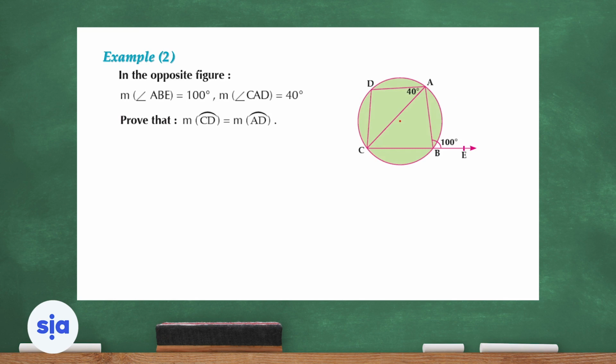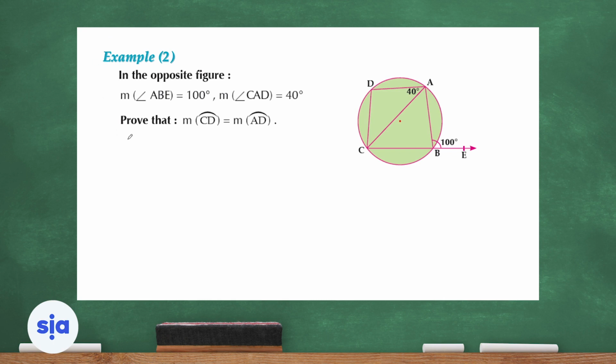Let's move on to example 2. In the opposite figure, as you can see, angle ABE is given with a measure of 100 degrees, and angle CAD is given with a measure of 40 degrees. How can we prove that the measure of arc CD is equal to the measure of arc AB?